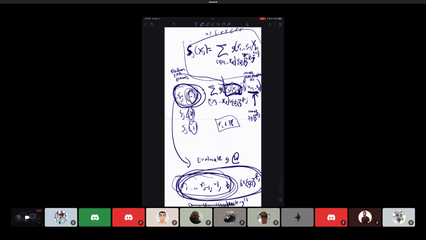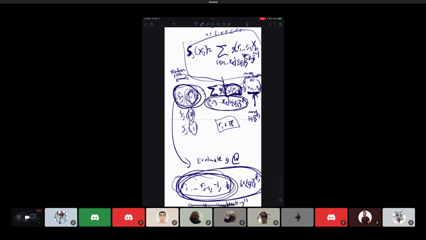So in round J, if the prover is honest, then the polynomial Sj it sends in round J is obtained just by fixing the first J minus 1 variables to R1 up to RJ minus 1 and summing over all Boolean values of the last L minus J variables. Each round, another variable gets bound. At the end of round J, variable J gets bound to RJ.